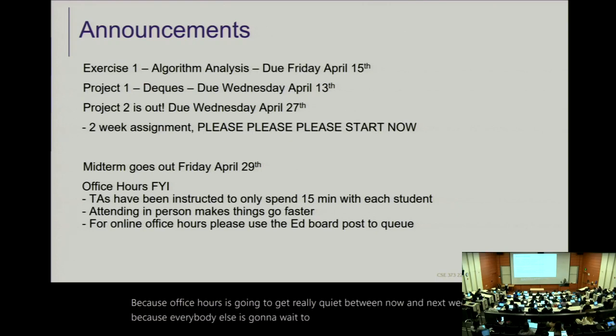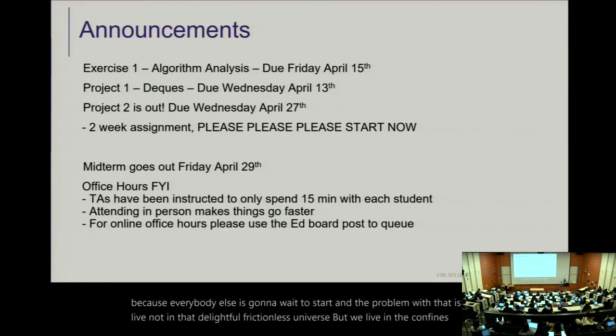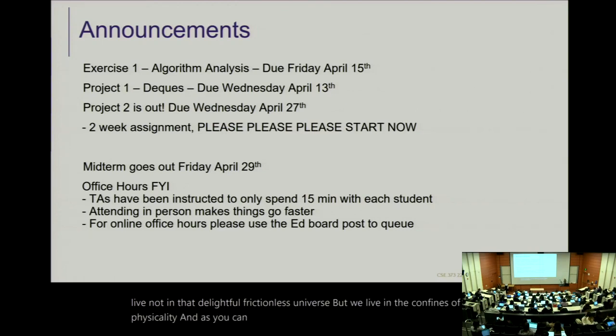And the problem with that is we live not in that delightful frictionless universe, but we live in the confines of physicality. And as you can imagine, I literally just ran from one job to this one. And so I have to end my office hours exactly when I end my office hours. And so I will get through the people that I can get through.